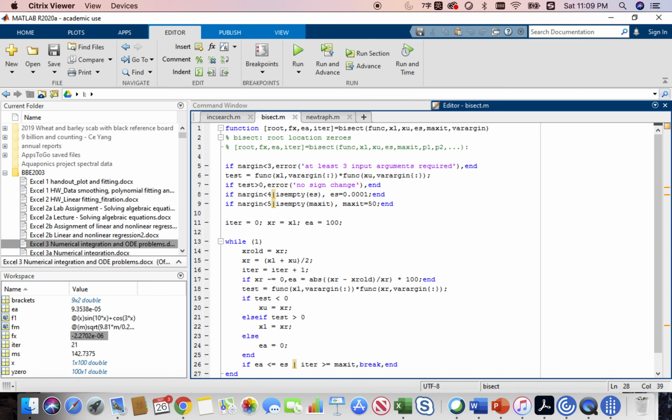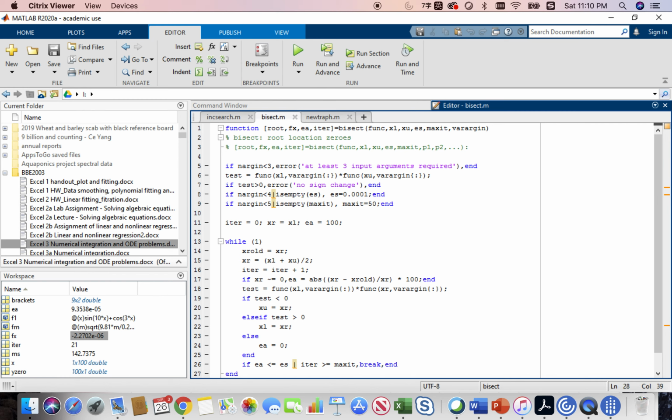So we start with checking how many inputs there are for this function. If there are fewer than 3 inputs, then an error message will be displayed: at least 3 input arguments required. And if we have 3 or more inputs, we can start the test, which is to see if there are sign changes between the xl and the xu position.